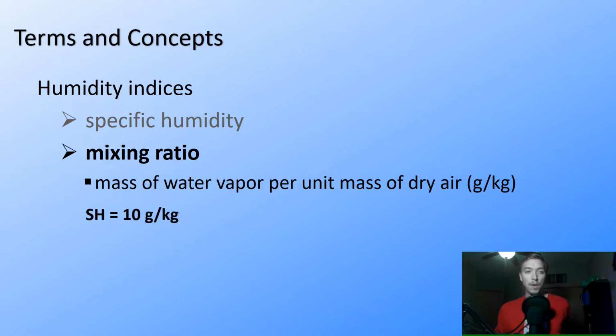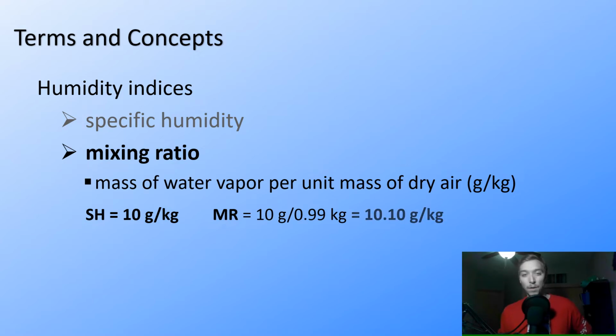So if specific humidity was to equal 10 grams per kilogram, the mixing ratio would be 10 grams per 0.99 kilograms. That would equal 10.10 grams per kilogram.